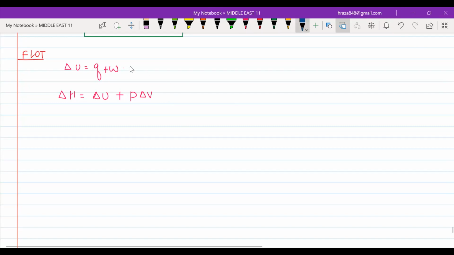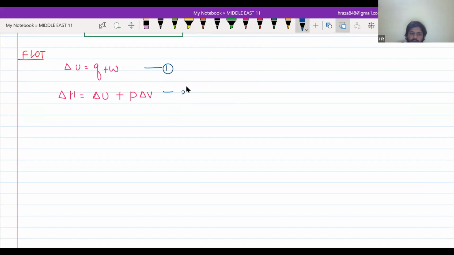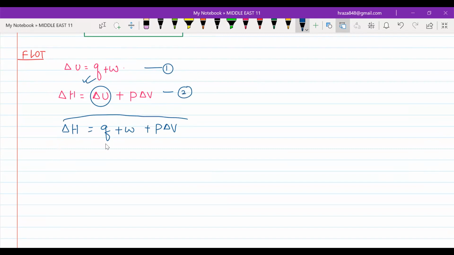This is the formula from the first law, and this is the formula from enthalpy. Now I can replace delta U from here. I can write Q plus W instead of delta U, and it will be plus P delta V, right?